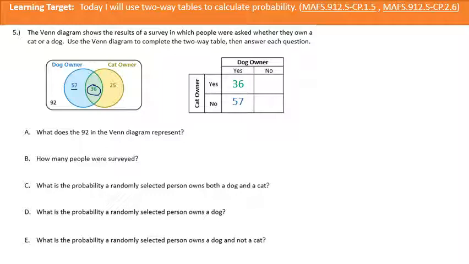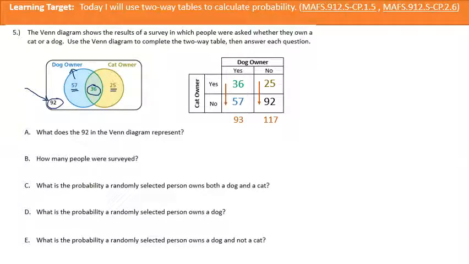That's right here. 25 people are in the other boat. They say yes to a cat, but no to a dog. And then how many people own neither a dog nor a cat and say no to both? That would be 92.